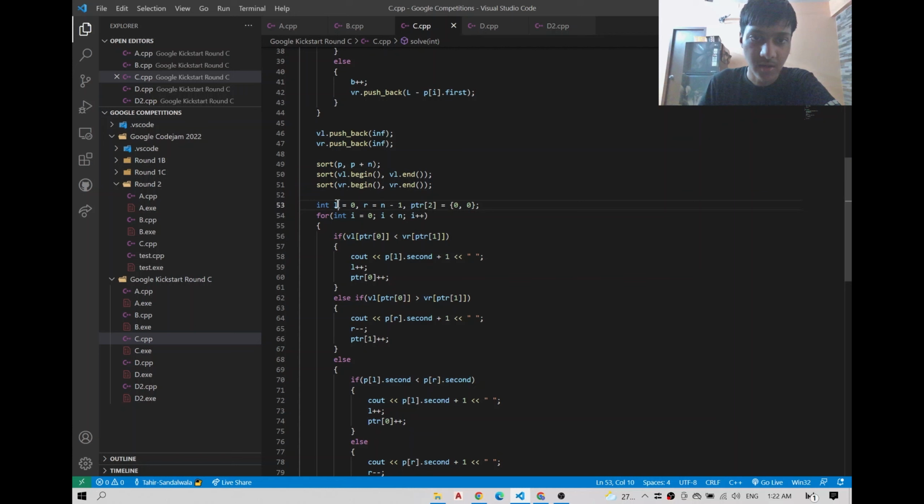Now I've maintained some pointers. I initialize L to 0, R to n minus 1, and I have a kind of multi-dimensional pointer, which I initialize to 0, comma 0.